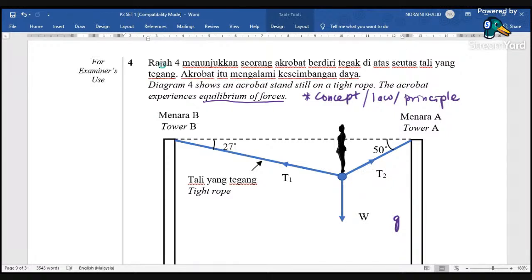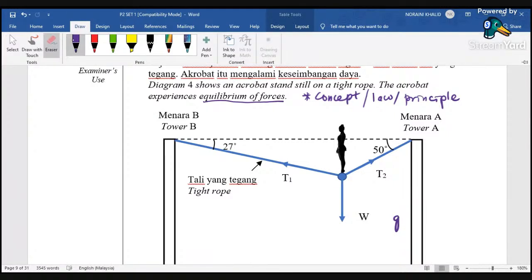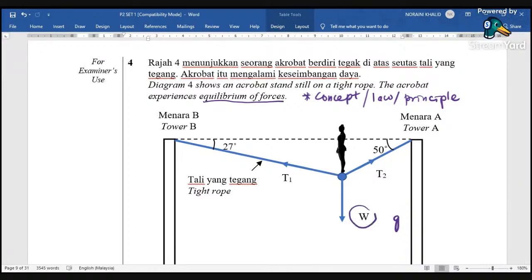When you do resolution, make sure you resolve all the forces here: W, T2 and T1. For the one already vertical or horizontal, no need to resolve. So I will resolve it into two components: the horizontal, the X component, and the vertical, the Y component.